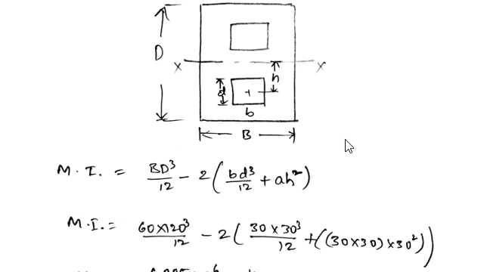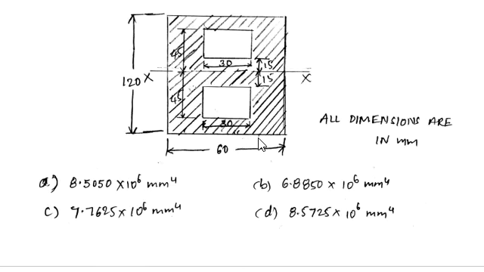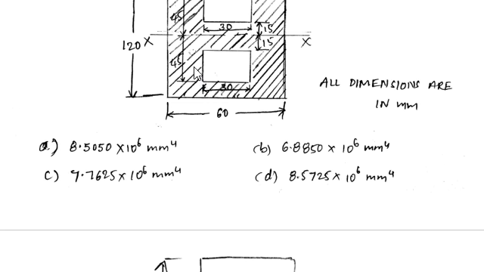If you substitute those values, capital B is 60 given, capital D is 120, small b is 30, and small d is also 30. We have seen this is 45, this is 15, so this will become 30.